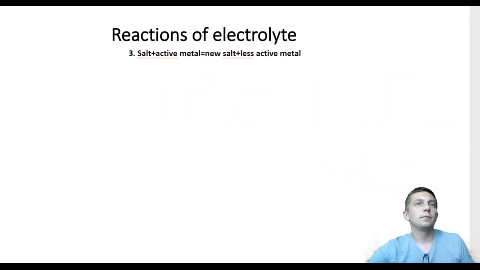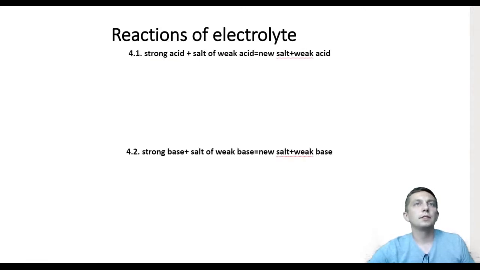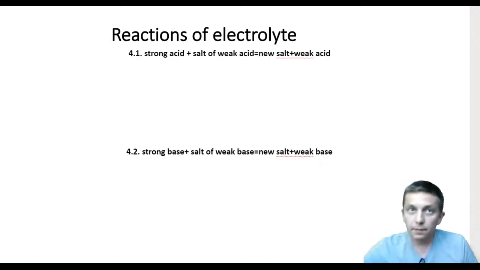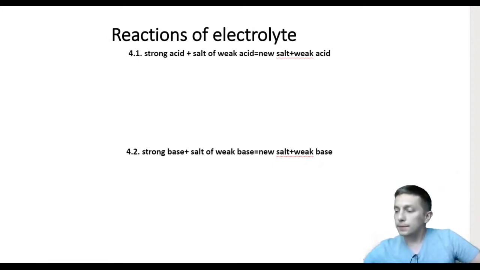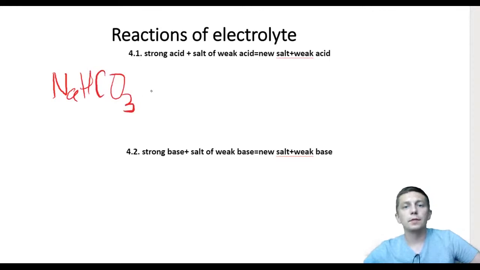And the number 4 type of reaction is strong acid reacting with salt of a weak acid, and strong base reacting with salt of a weak base. For example, the first type: if you drink a lot of sodium bicarbonate, NaHCO3, its main component in some mineral water, and in your stomach is hydrochloric acid.